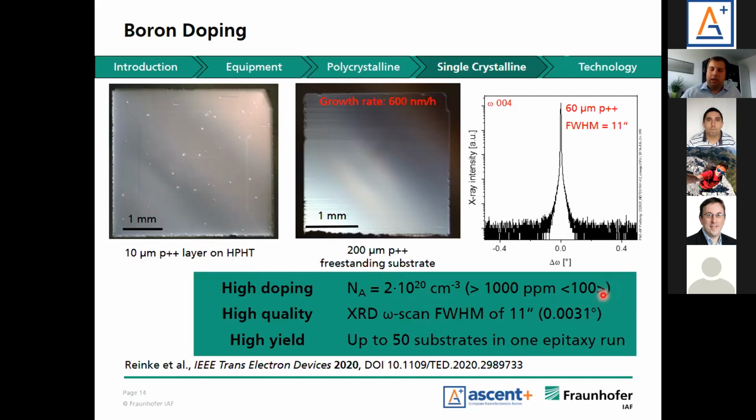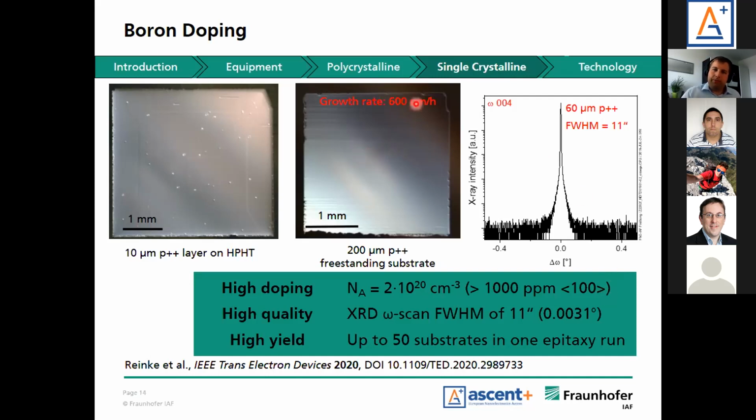I have to say that 111 oriented diamond is rather hard to get commercially. We overgrow samples like this and grow a bit ourselves, but we are also struggling with having a huge amount of these 111 diamonds. I will come back to that for the NV doped growth again, because 111 there has a special feature.